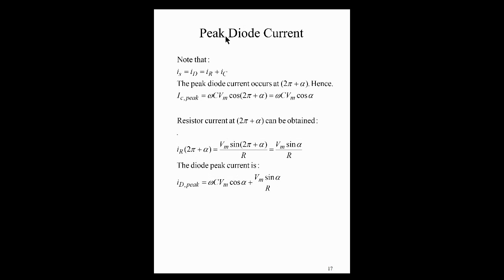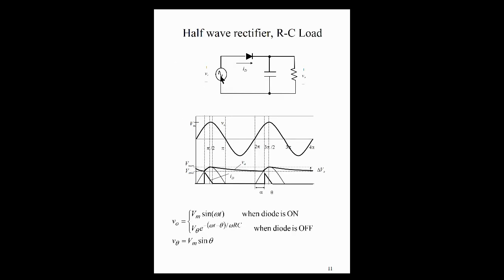All right, now for the peak diode current, that's just the sum of the current that will be flowing through the resistor plus the current that will be flowing through the capacitor, right? So if we go back and we look at this curve, you can split this, right? So we have the two components, IR and IC.